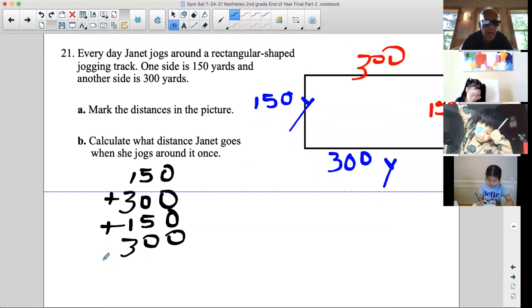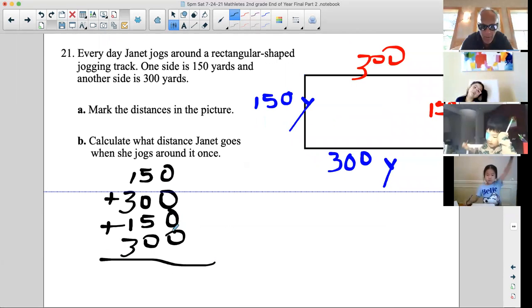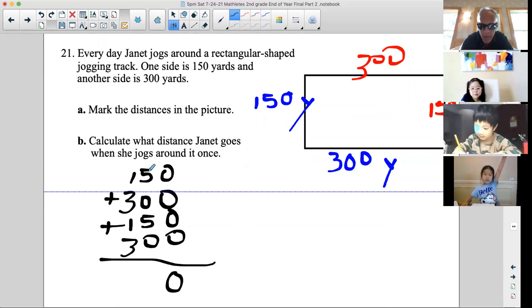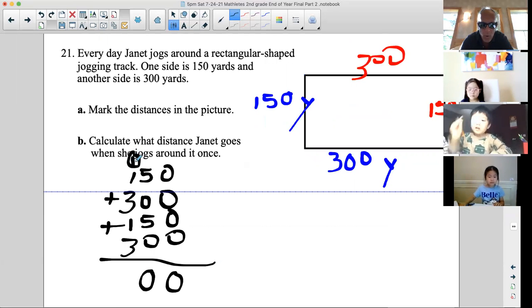Okay, you guys ready? 0, 0, 0 is? 0. 5 plus 5 is? 10. And 1 plus 1 plus 1 plus 3 plus 3 is? 9.